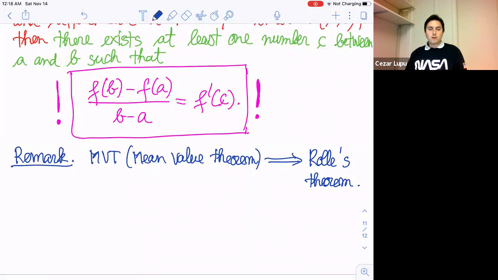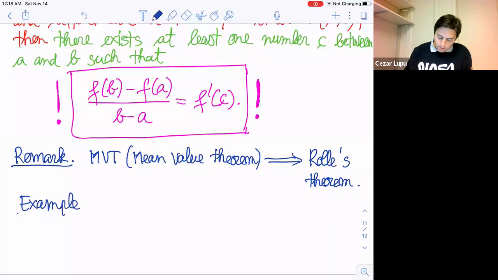All right, now let's see an example. I'd like to show you an example, and I want you to see how we can apply the mean value theorem to solve some problems.